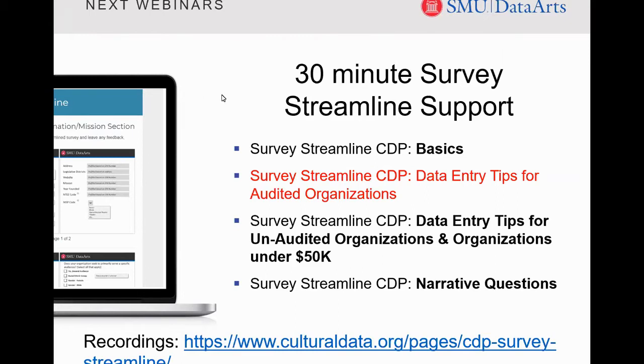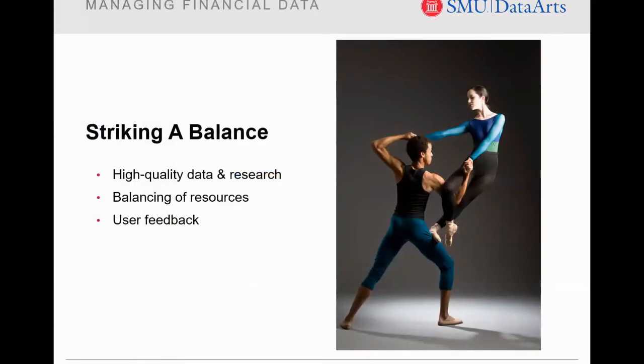I want to start by returning to a concept that we touched upon in our webinar on Tuesday, which is striking a balance between the benefits of data and the capacity that is needed to track and collect it. As you probably know, our mission at SMU DataArts is not to collect data for data's sake, but to empower the arts and cultural sector with the insights and benefits that data can provide. As we were making decisions during the Streamline process, we were considering the benefits that each data point in our current survey brings in terms of research, insights, and advocacy.